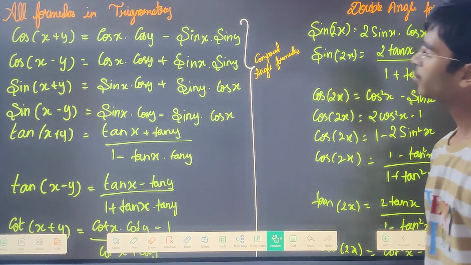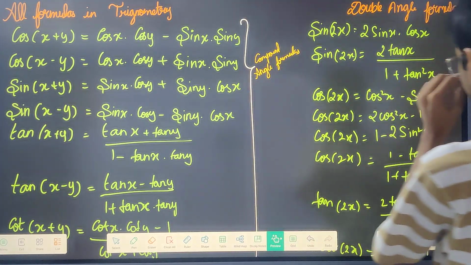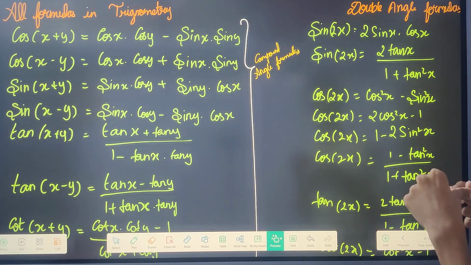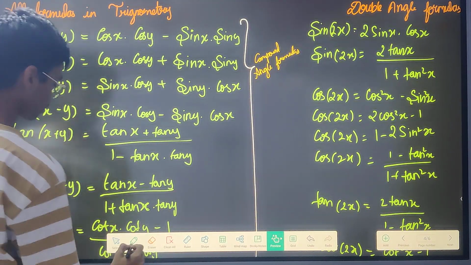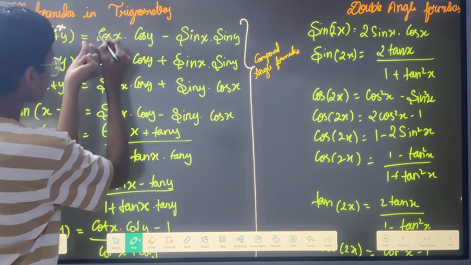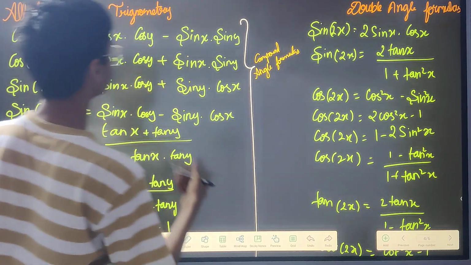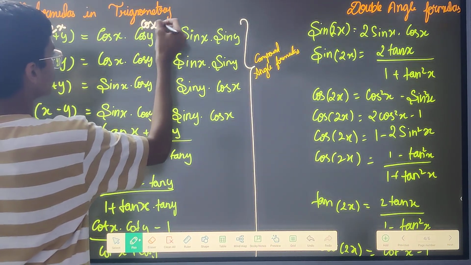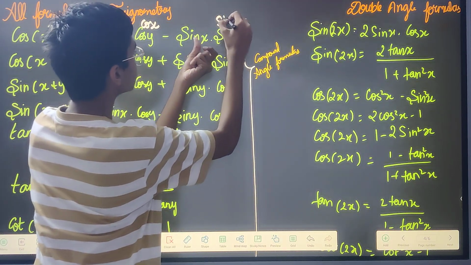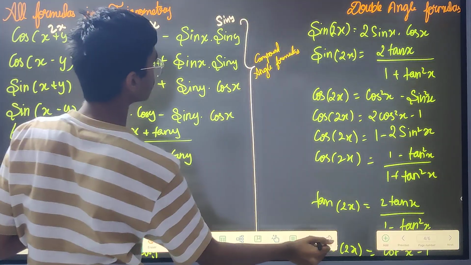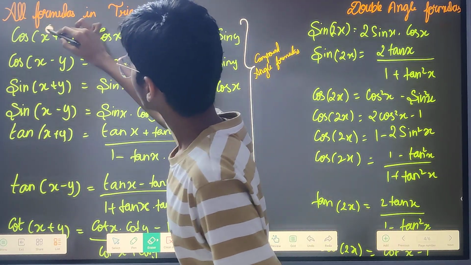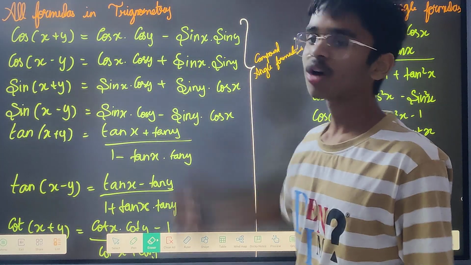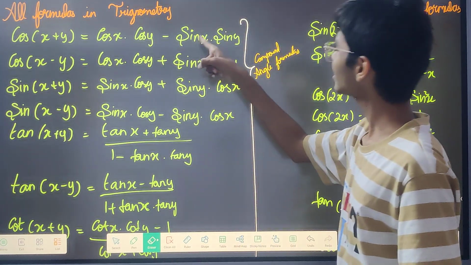Here cos y will be converted into cos x, and sin y will be converted into sin x. So it will be cos x into cos x, minus sin x into sin x.